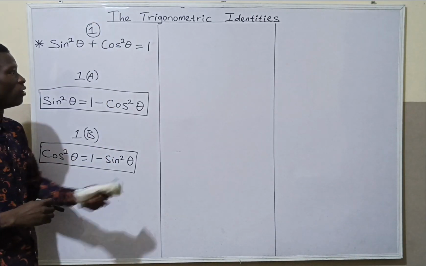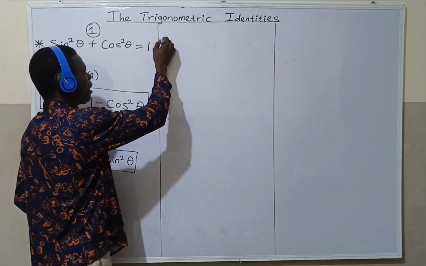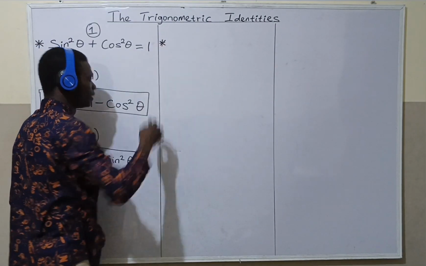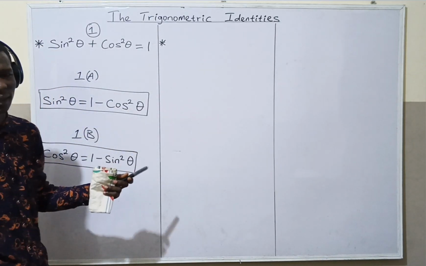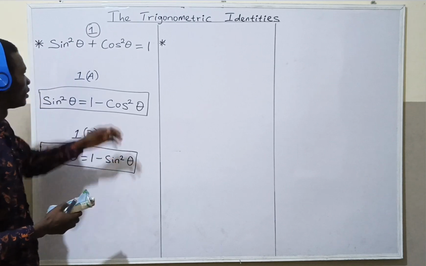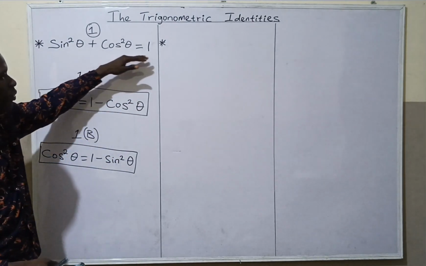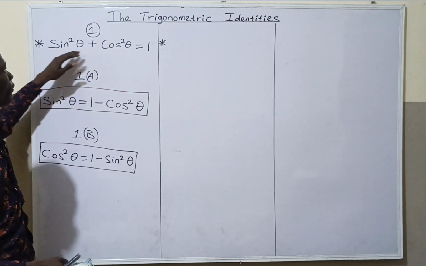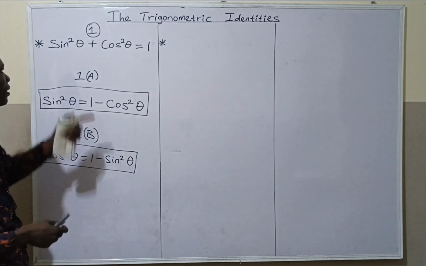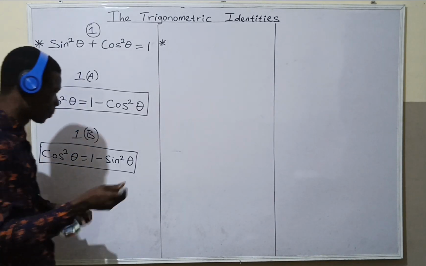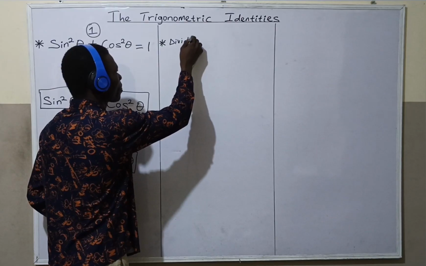Okay, we're moving on to the second side of the board, and that is for us to get identity number 2. Now, how do we get identity number 2? Still from identity number 1. We have sin² theta plus cos² theta equals 1. So what we need to do first of all is to divide through by sin² theta.